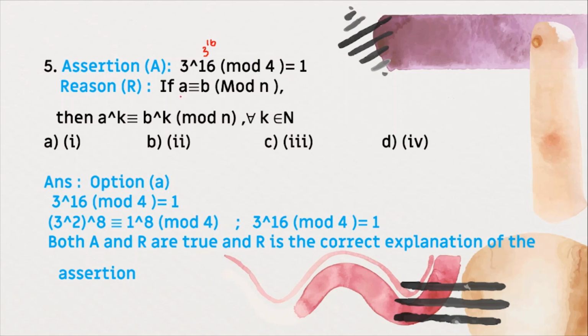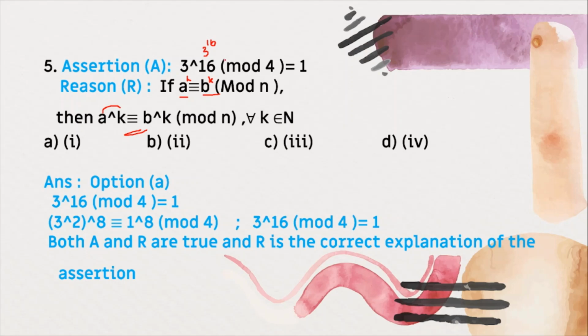Here the reason is given: if A is congruent to B mod n, and both are raised to the power k, then the congruence modulo remains the same. This is the reason given.